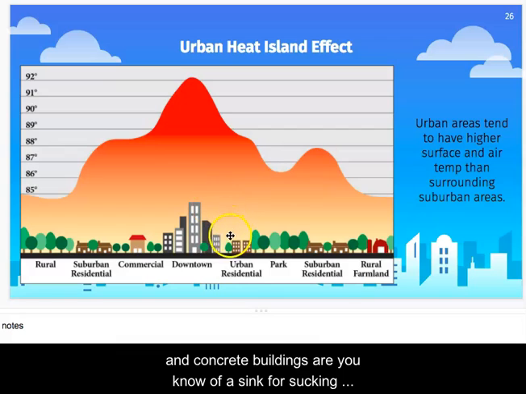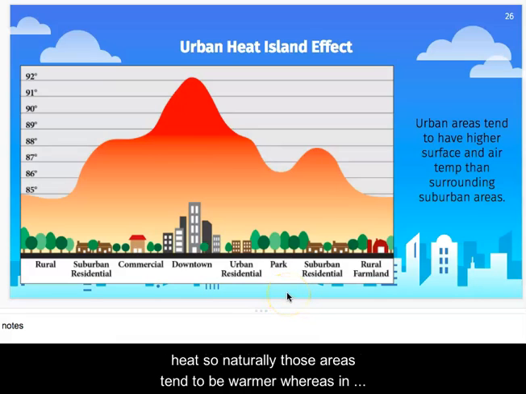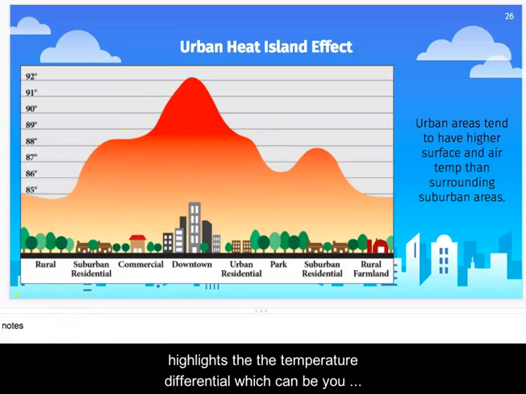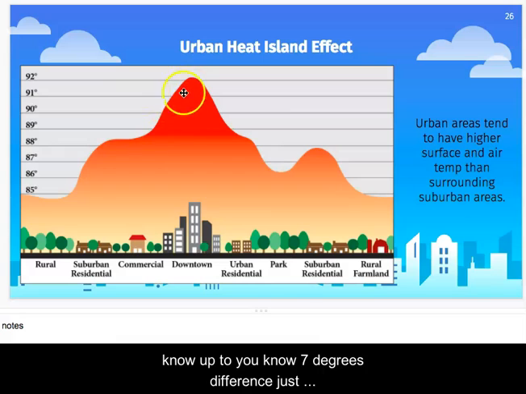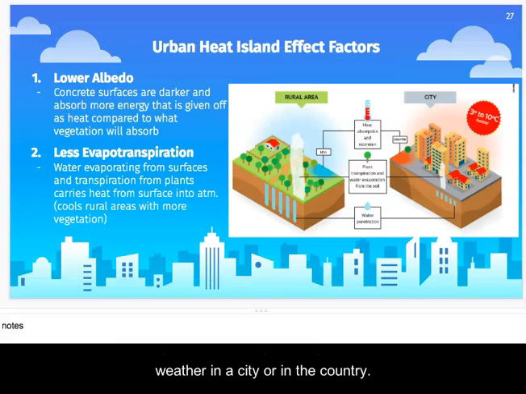The asphalt, cement, and concrete buildings are a sink for absorbing that heat, and then it traps that heat. So naturally, those areas tend to be warmer, whereas in the highly vegetative areas of rural communities, that's not as much of an issue. This graphic highlights the temperature differential, which can be up to 7 degrees difference just whether you're in a city or in the country.